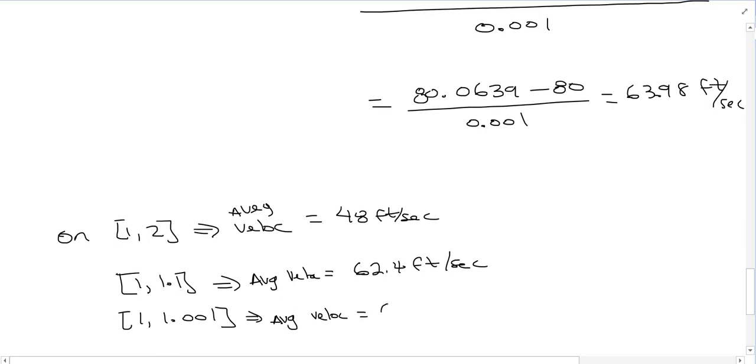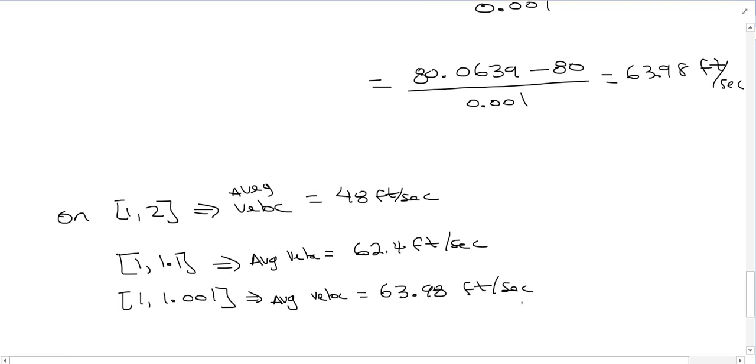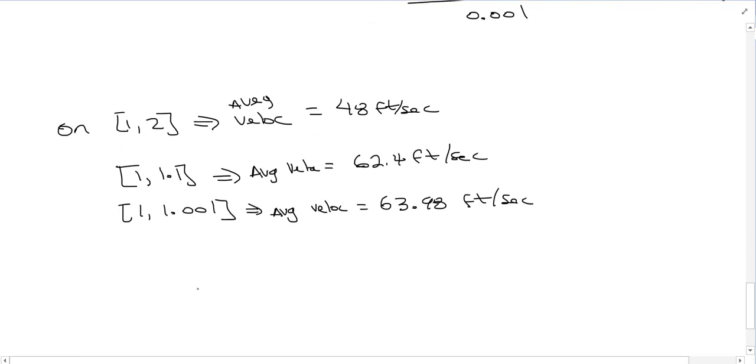And the last one we just did, 63.98 feet per second. Do you have enough information to make a guess for the velocity at t equals 1? I'm tempted to say 64, but let's try one more real quick.